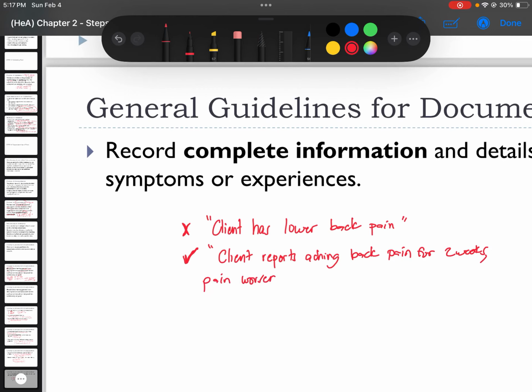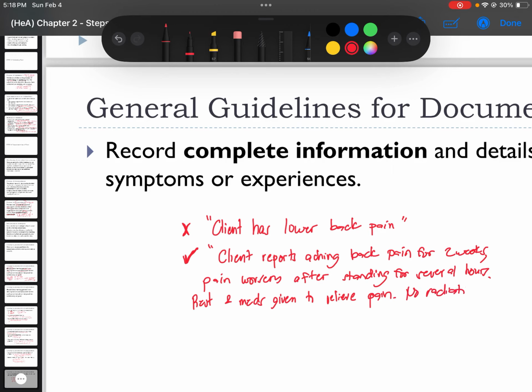Pain worsens after standing for several hours. Rest and medications given to relieve pain.